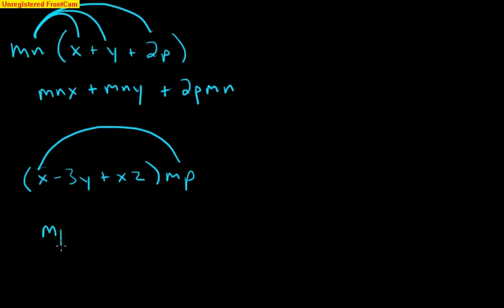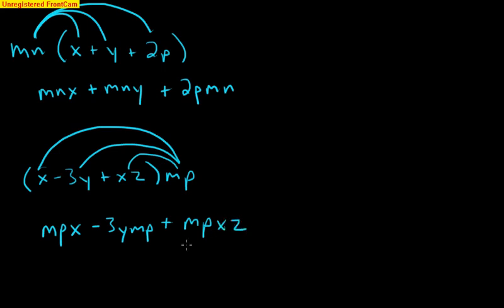So it's mpx, and then here the term is negative 3y. This negative sign goes with this term. So this becomes negative 3y mp, and then finally plus mpxz. I could have written it x, z, mp. Doesn't matter. It's all multiplication. It's the same. So we distribute that through.